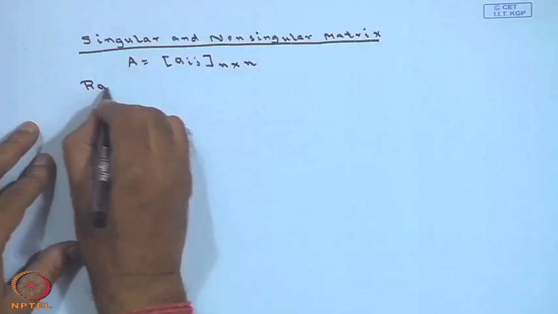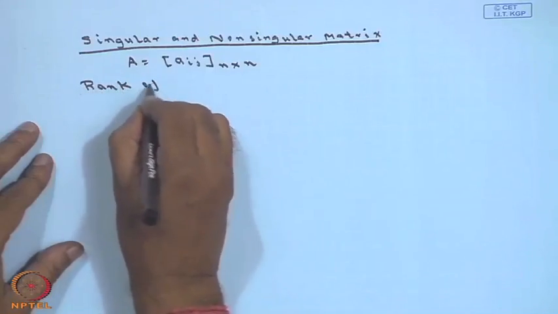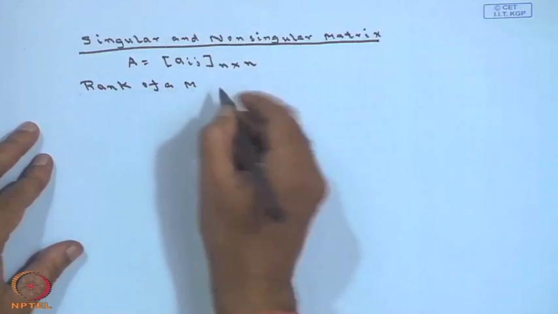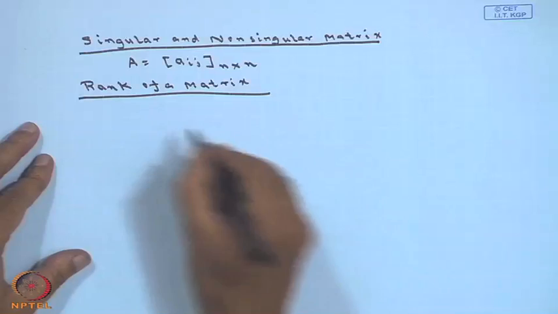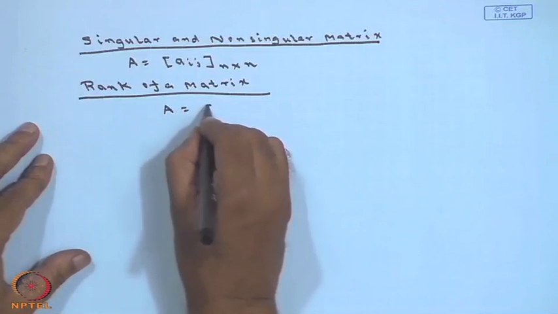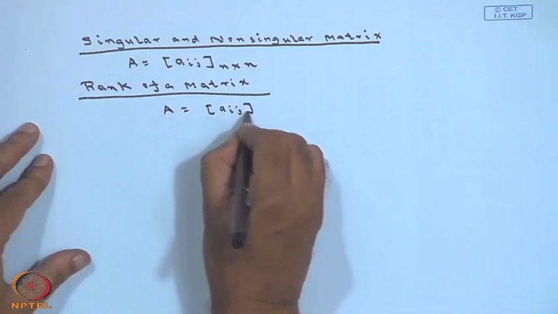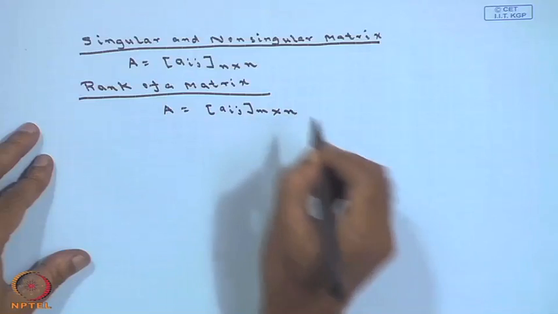The next one is rank of a matrix. You have a matrix A, obviously A equals Aij of order m cross n.